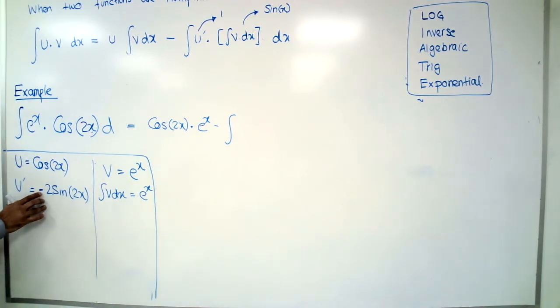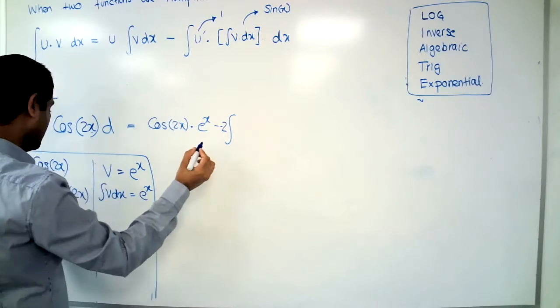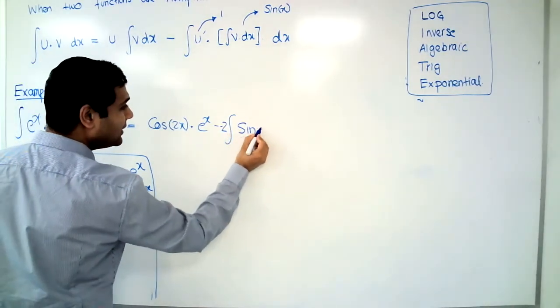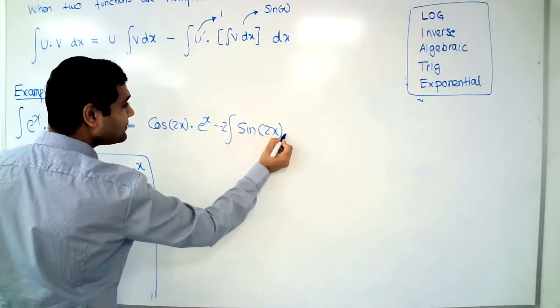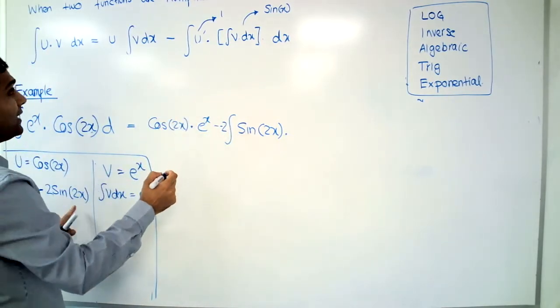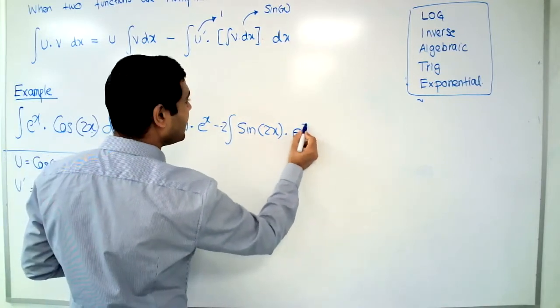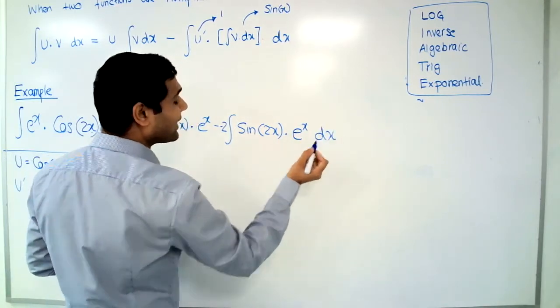You see this minus 2, I bring the minus 2 here, and then I just put a sine 2x. The minus 2 from here, I put it outside. And then I got that bit, which is e to the x dx.